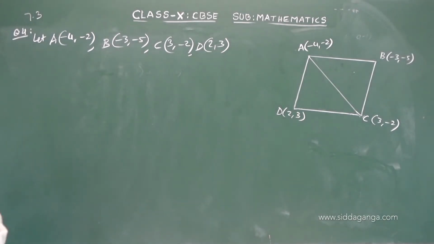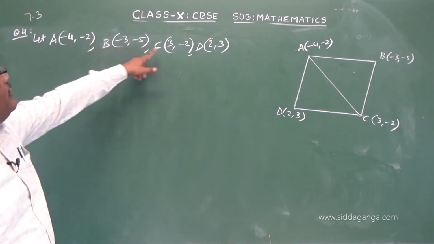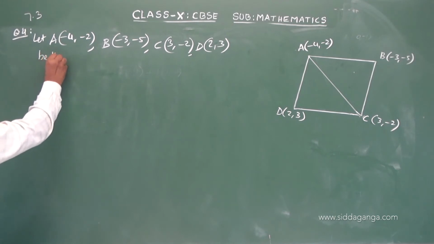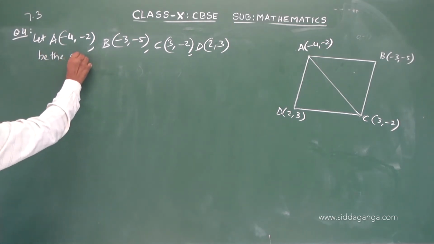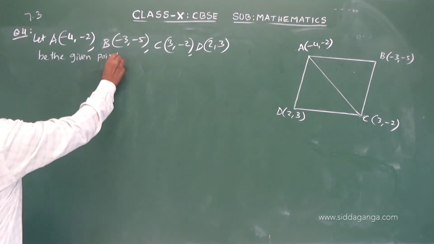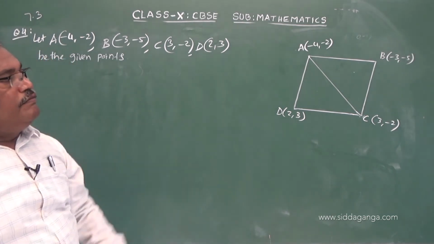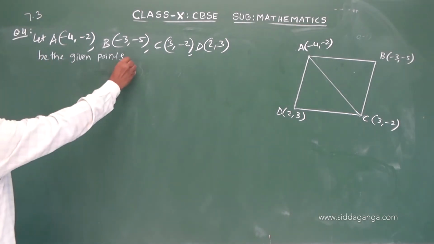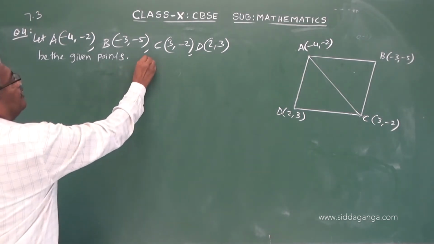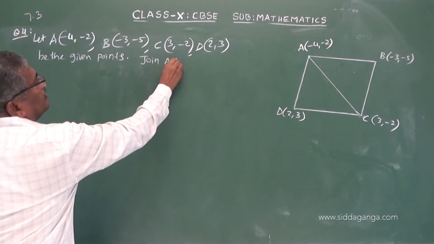So now, let A, B, C, D be the given points. So a rough diagram is drawn. In this, join AC.